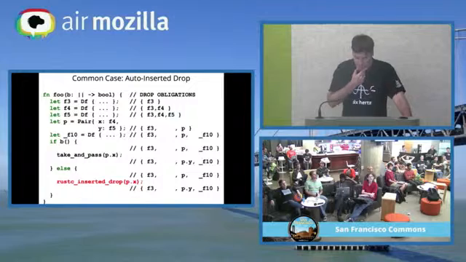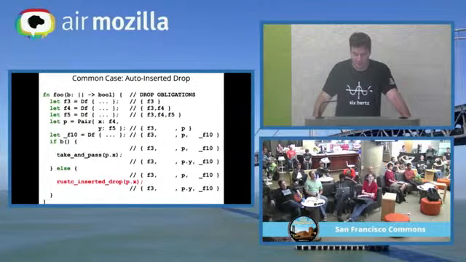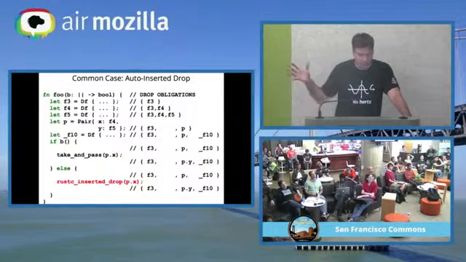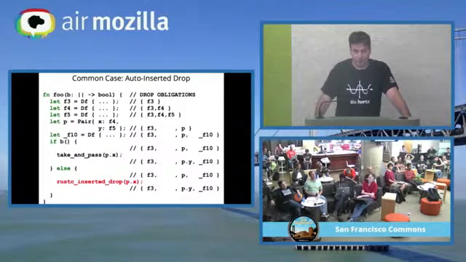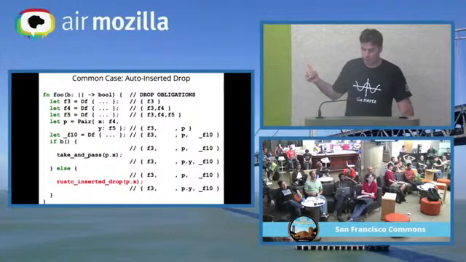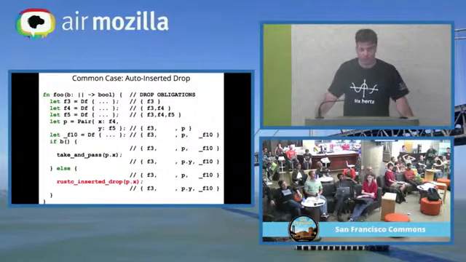So the simplest answer is to say, okay, let's just have rustc insert the drops for us. The compiler's already figuring out what things need to be dropped, so we can insert this little red code here that ensures that the two paths have the same set of drop obligations when they meet.